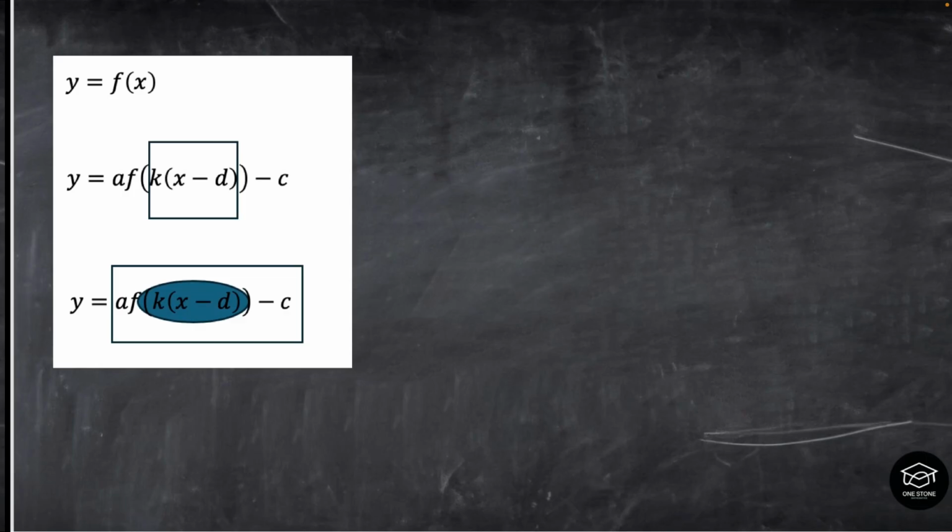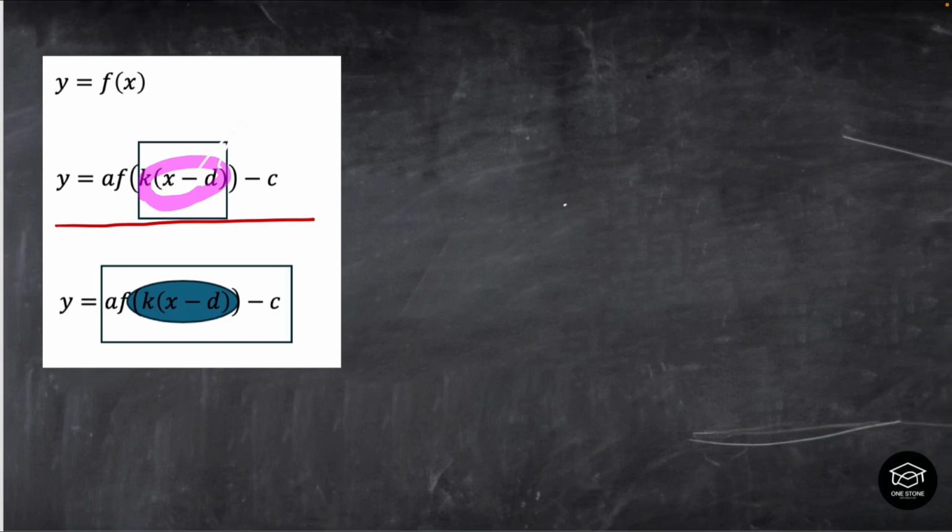In a transformed function like y equals a times f of k times (x minus d), then minus c, the expression k times (x minus d) represents the change in the x values. Let's isolate that part.